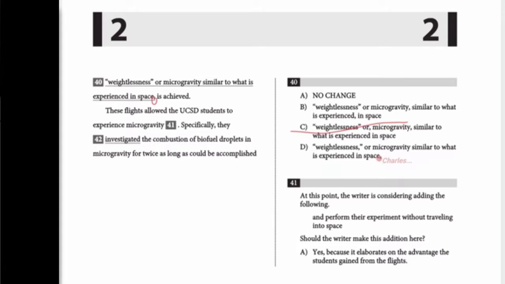That could be, because that could be sort of an appositive indicating what the weightlessness refers to. It's microgravity, similar to what's experienced in space, and that's non-essential. It's separated by commas. That would make sense potentially. D could work. Weightlessness or microgravity, comma, similar to what is experienced, comma, in space. No, I wouldn't have the comma before in space. So that's definitely wrong. B.